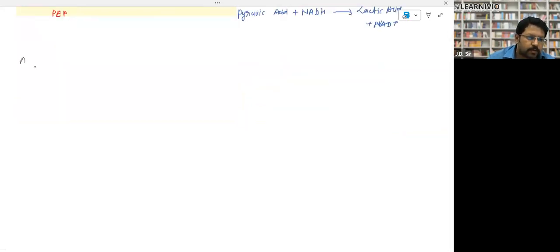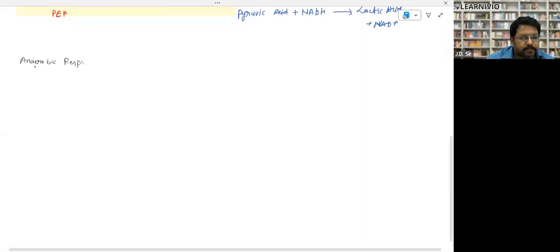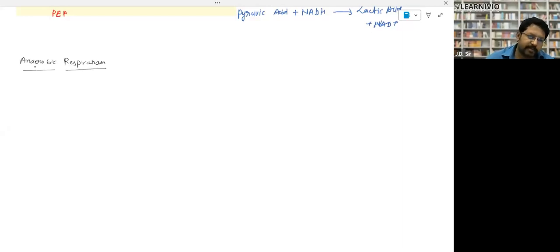So anaerobic pathway or anaerobic respiration. I told you that the steps are common, so the same thing, that one molecule of glucose will be broken down into two molecule of pyruvate, right? Then the process which have been taken, that is glycolysis.